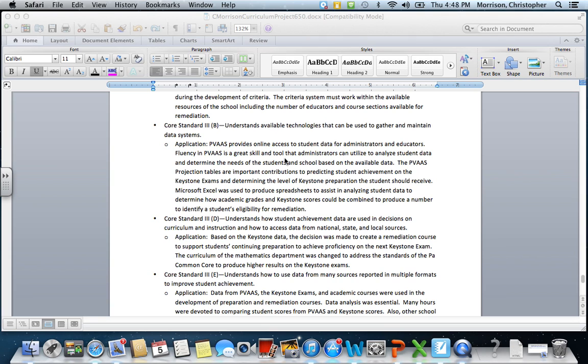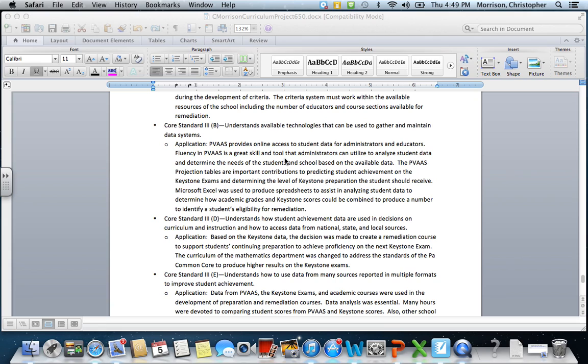The PA Common Core has emerged, and school districts are now looking at their curriculum to decide, is our curriculum in alignment with the PA Common Core? The PA Common Core, as far as what I have learned about it, has been given to school districts as a guideline to say, if you want success on the Keystone exams, follow the PA Common Core. Use the PA Common Core as part of your curriculum to help guide your curriculum.